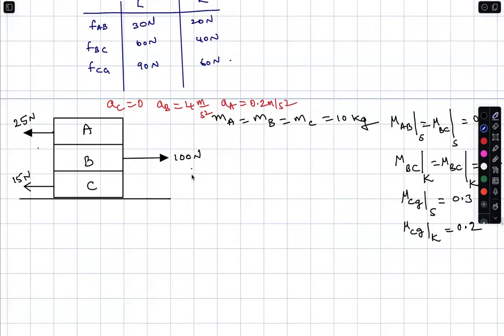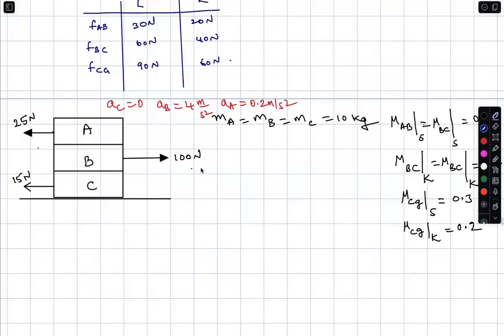It's a friction between B and C. Between B and C the maximum will be 60 Newton. If B moves relatively over C, it is 40 only. So it is either 60 or 40, but it cannot make C move over ground, because to make C move over ground you require 90 Newton force, which is not possible.